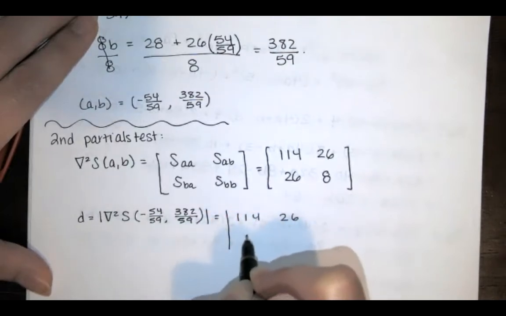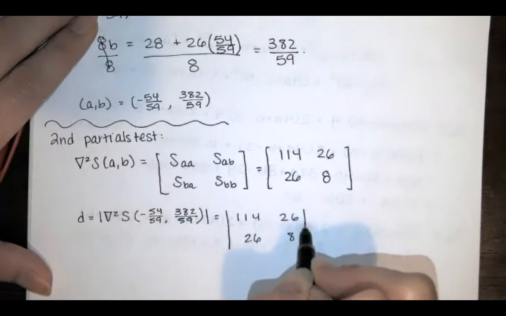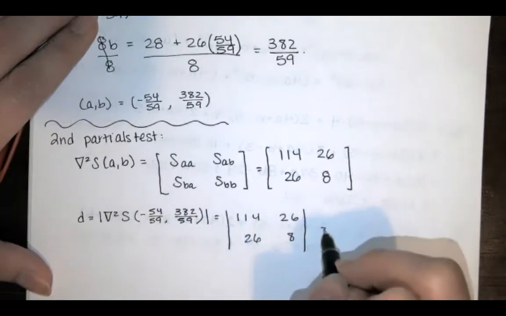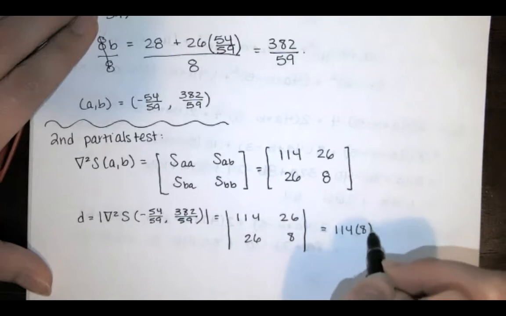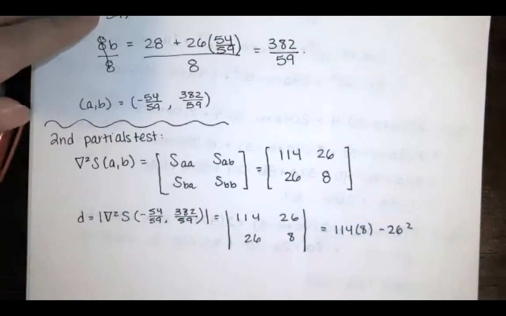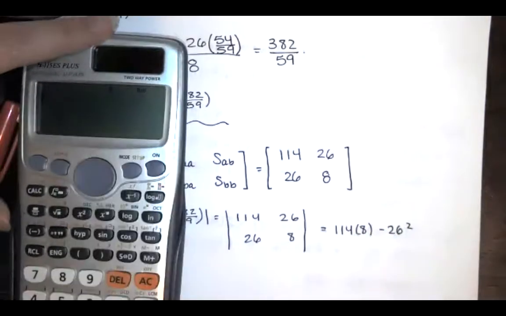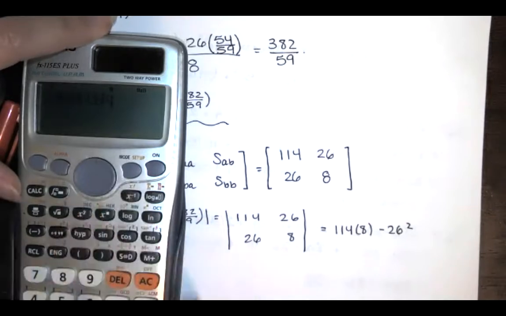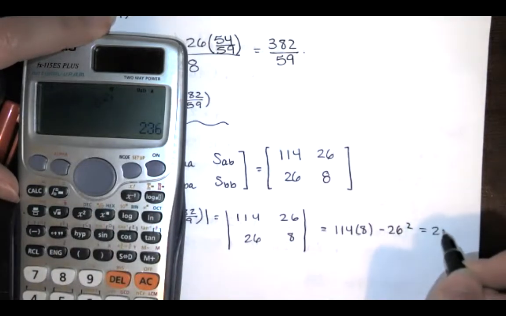And we think it's a minimum because we saw all those squared expressions. We have this times this minus that times that. And we don't even really care about the value of this. We just want to know, is it positive or is it negative? It's positive.